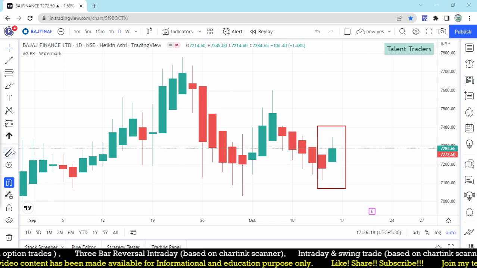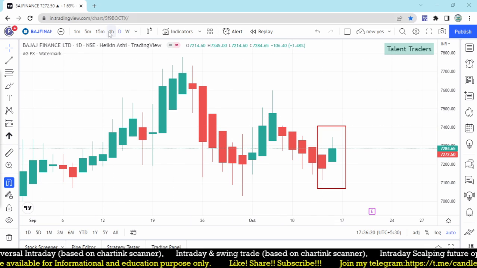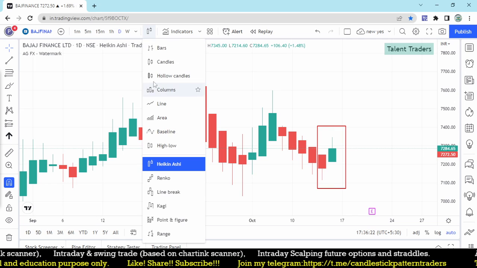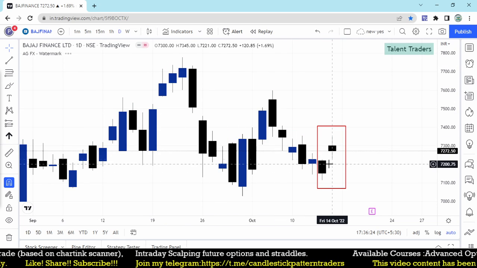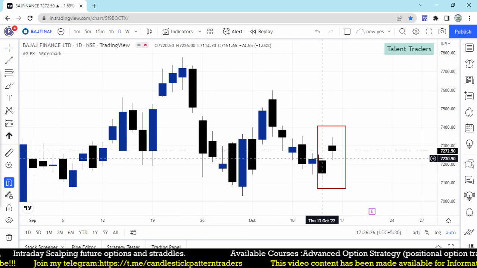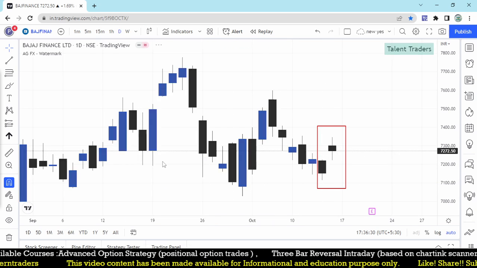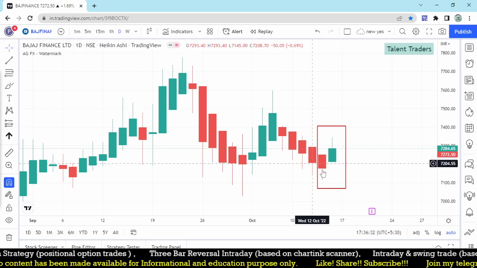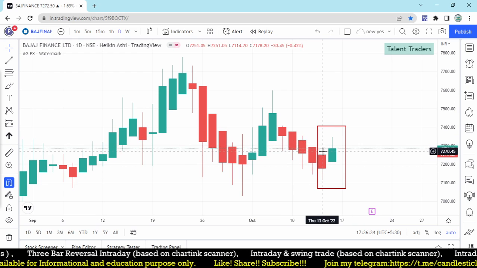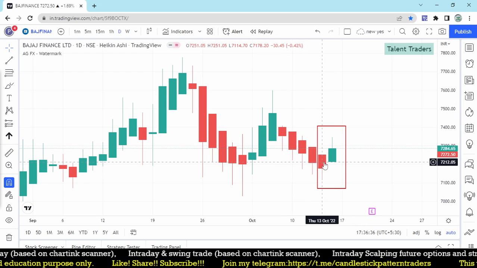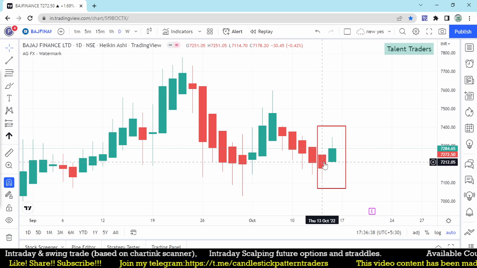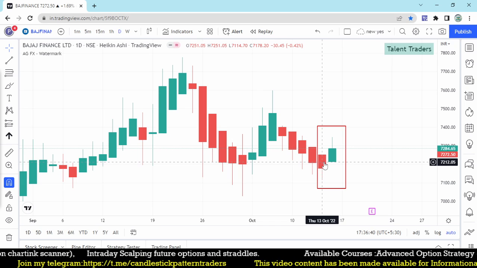And some other stocks, let's look at the same one on a candlestick basis. It was not a positive candle. Both are negative candles, yesterday and today. But in the Heikin Ashi candle, there is a reversal pattern present here. That is the reason I find such opportunities by using the Heikin Ashi candlestick pattern.